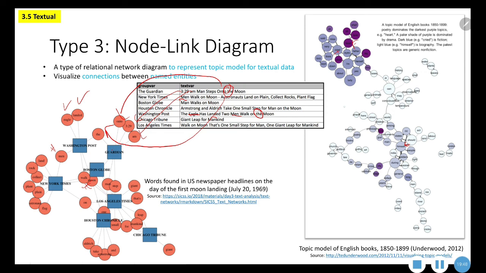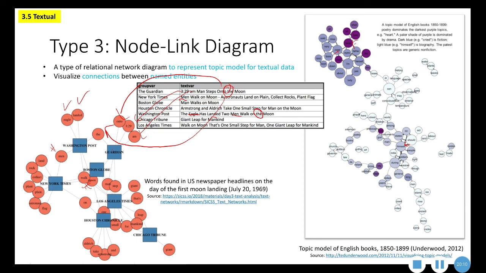And the palest topics, the lightest color, represent generic non-fiction. The size of the node is proportional to the number of tokens in the topic, and the nodes are colored to reflect the genre that is prominent within the book.